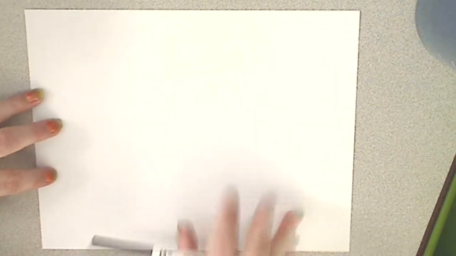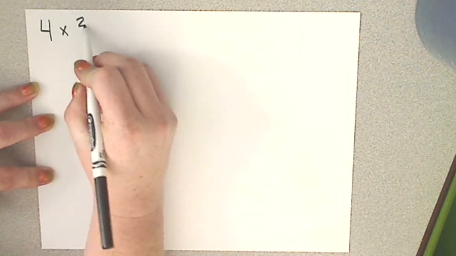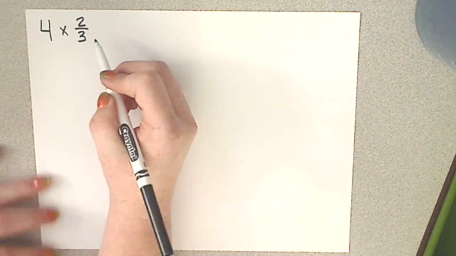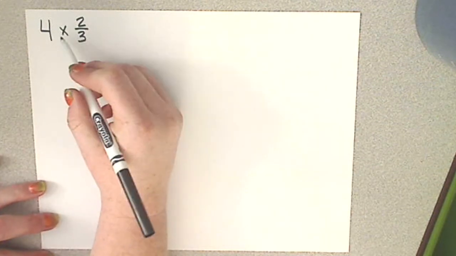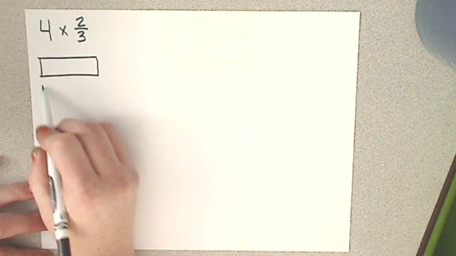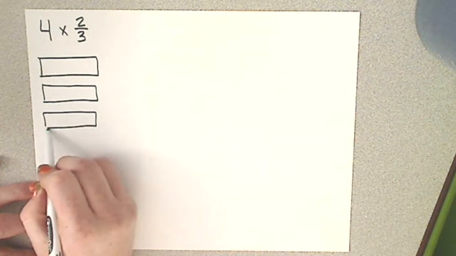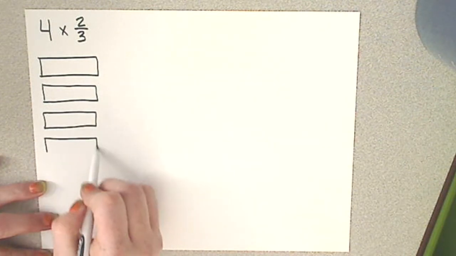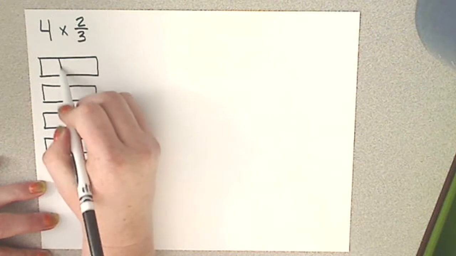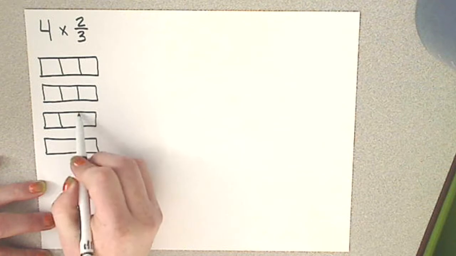This time we're going to get a little more complicated. This time we're multiplying 4 times 2/3. So the first thing I need to show is 2/3 4 times. So there is 1 fraction bar, 2, 3, and 4. And I need to split these into 3 pieces because we're showing thirds.